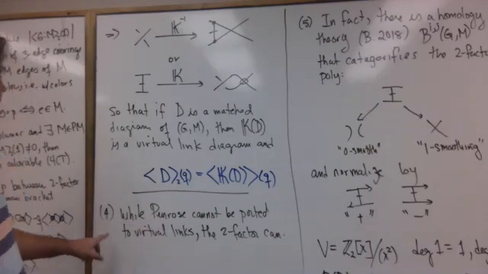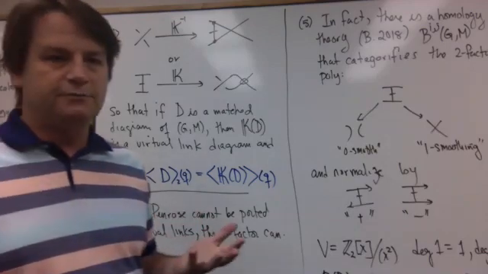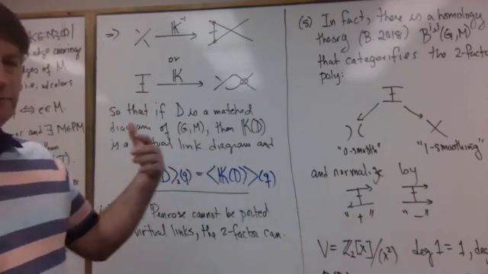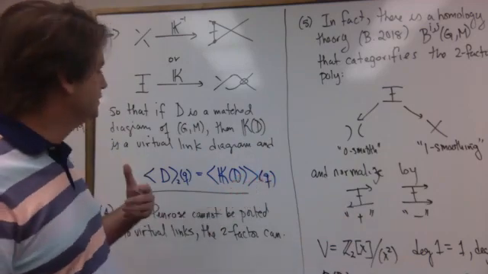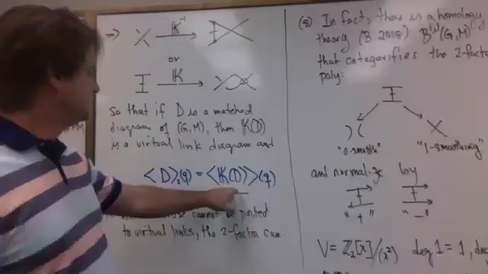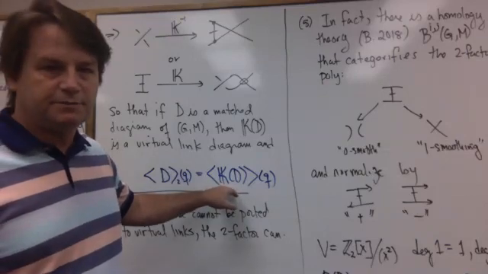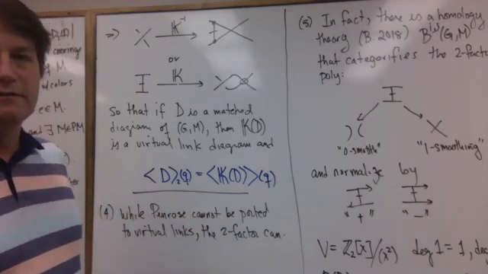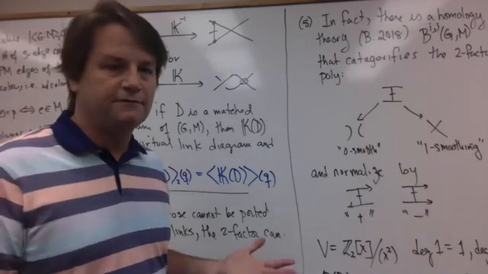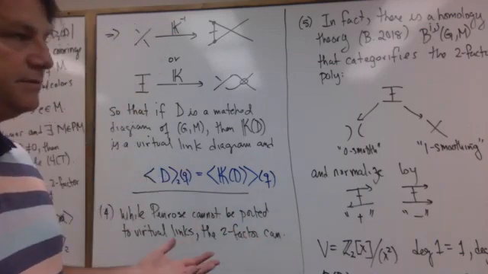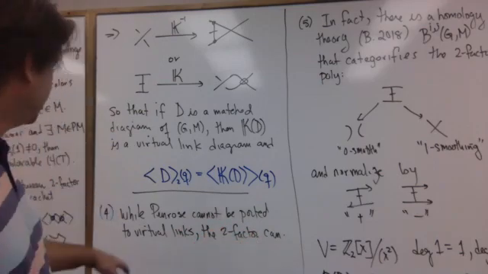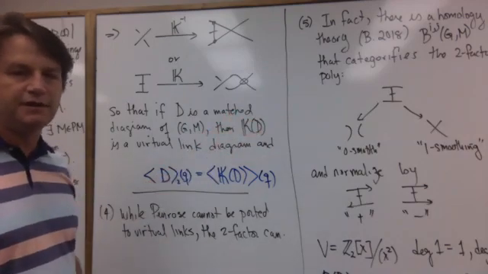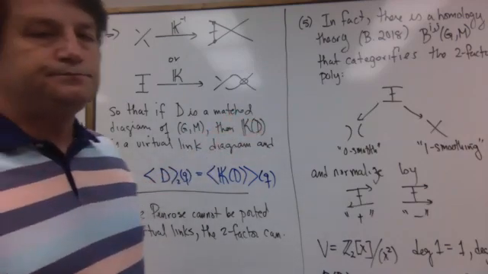The final point is that the two-factor bracket is naturally the thing that you would consider over in the virtual link world, because it essentially becomes the Jones polynomial. But if you're trying to do it with Penrose, Penrose is not a virtual link invariant. It remains a graph invariant. It satisfies being invariant under the flip moves. But as a virtual, you can certainly port it over and calculate it, but it'll change depending on the Reidemeister moves.